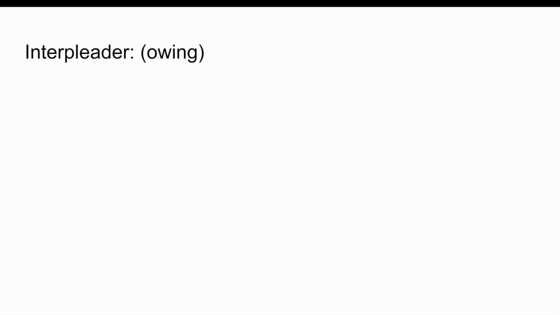Procedimiento en pleito entre varios demandantes. No encuentro una palabra específica en español para interpleader. Si encuentran la palabra, pónganla en los comentarios.